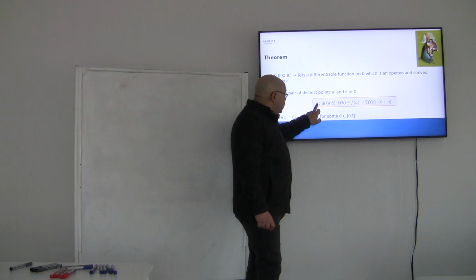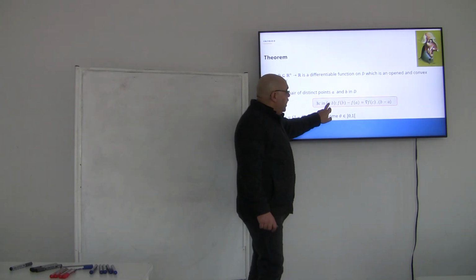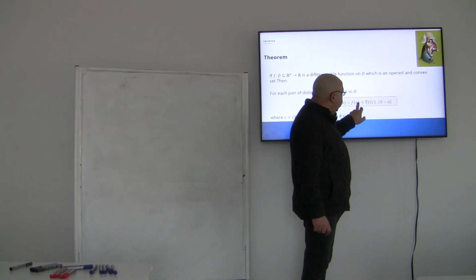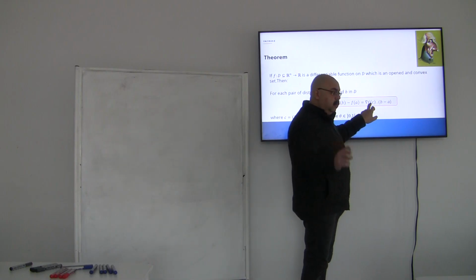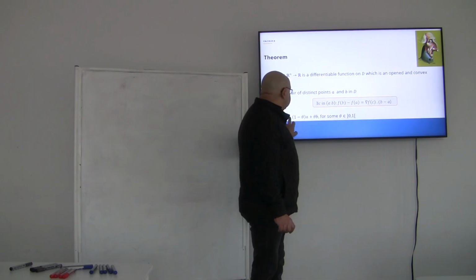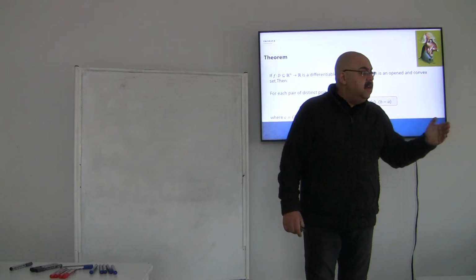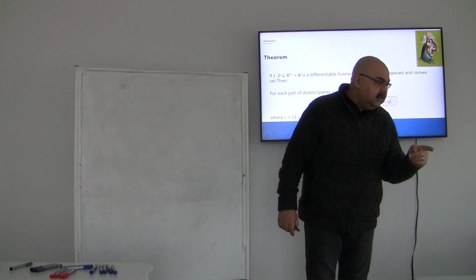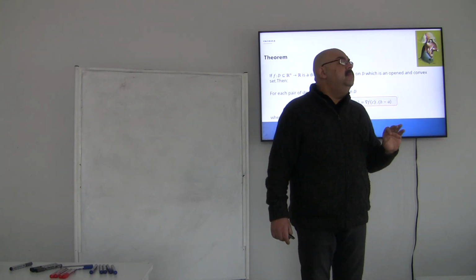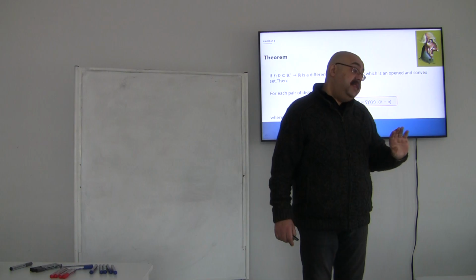So for some c which belongs to a and b, I can find that f of b minus f of a equals the gradient at this point c times b minus a, where the interval runs from a to b. A is smaller than b, am I right? Okay, so how to memorize the value of c and theta?